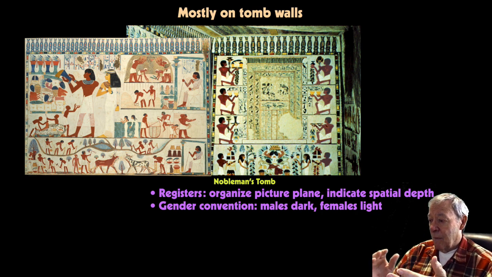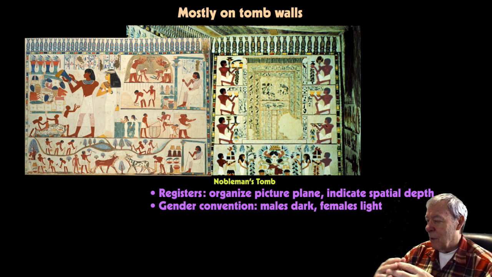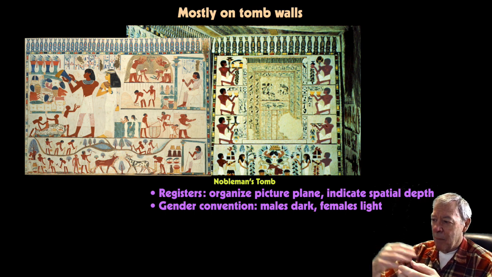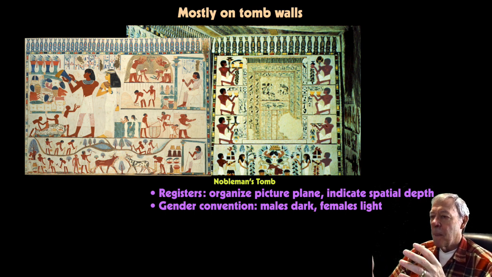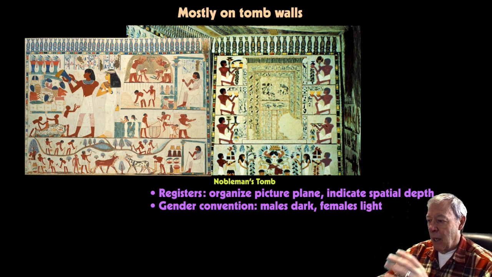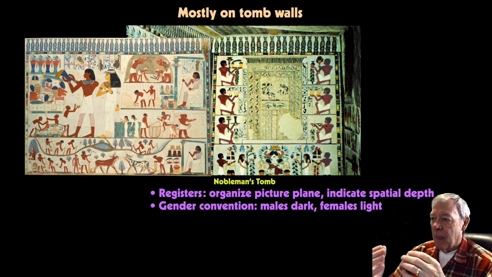Now this is not a convention that's just typical or restricted to the Egyptians, but virtually every ancient culture up until we get to the era where we start getting more realistic kind of portrayals, virtually every ancient culture used that convention. And most scholars believe that it's associated with the day-to-day activities of these two gender types.